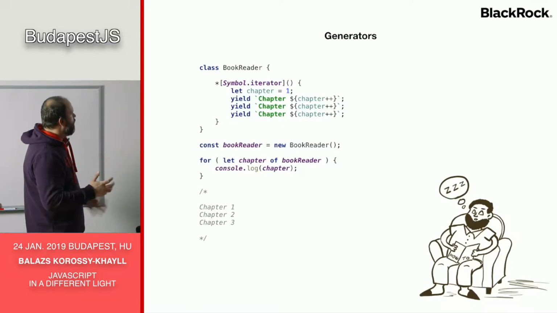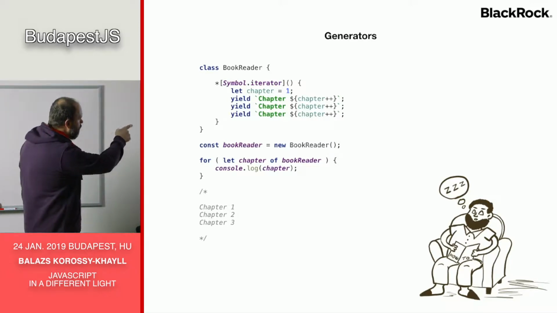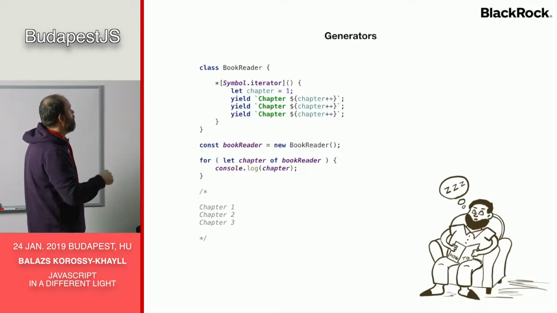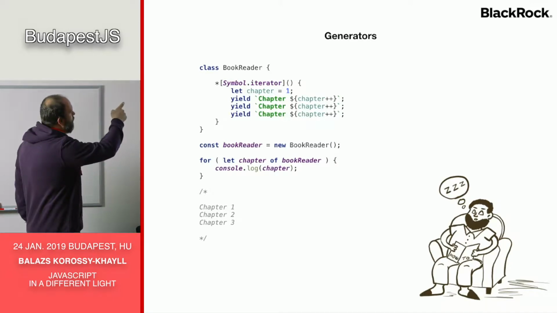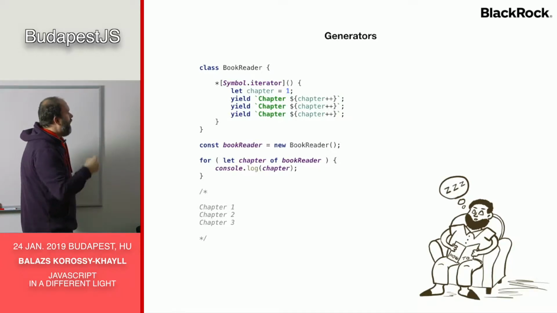Generator functions are pausable functions, and what that means is that it returns an iterator, and when the for loop calls the next method on the iterator, the function will start to run and run until the first yield keyword and return the value.